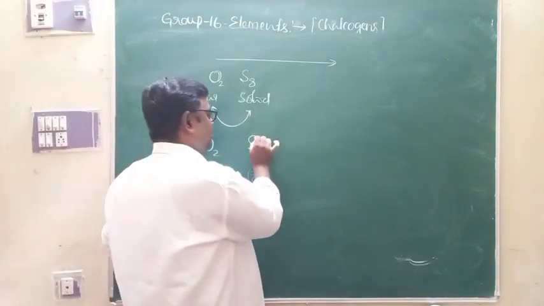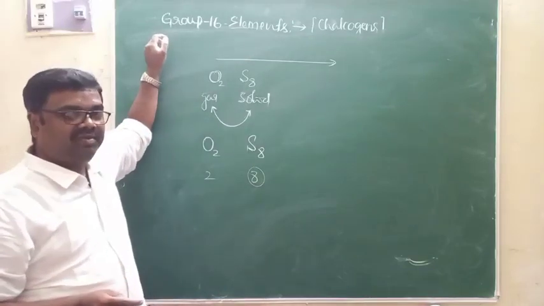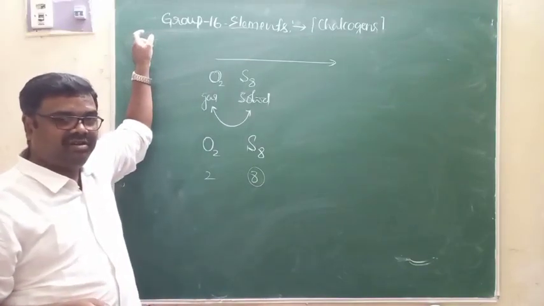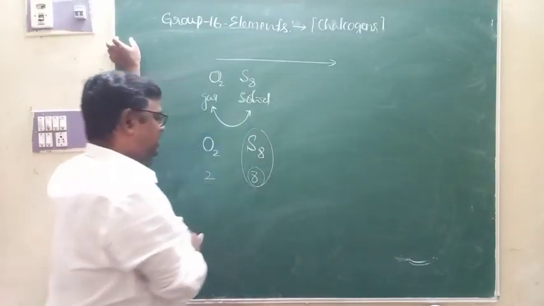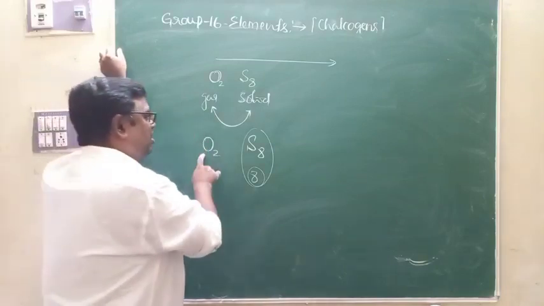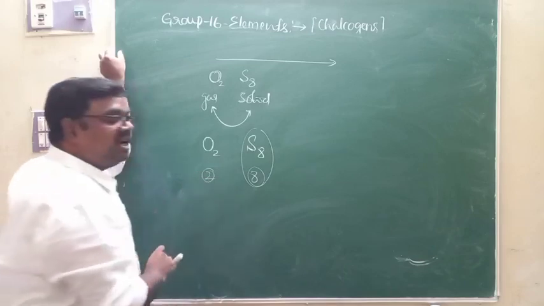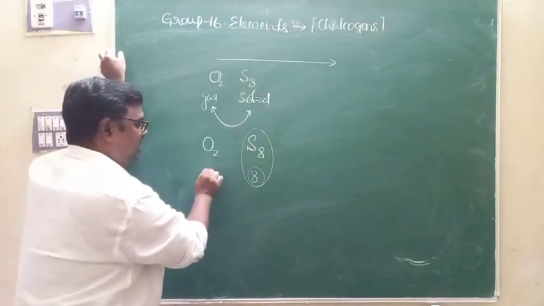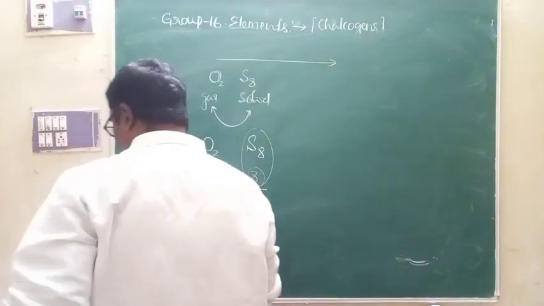Because of that, it will have a large surface area, and intermolecular forces of attraction will be very, very strong, and therefore it is characterized by high melting and boiling points. The large difference in melting and boiling points between oxygen and sulfur is due to the large difference in atomicity. Oxygen is diatomic, sulfur is octatomic. So this is one more point to be highlighted.